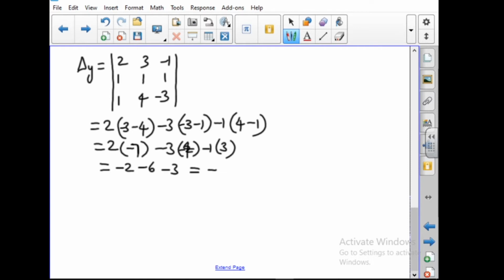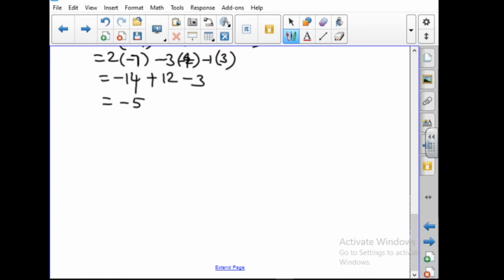Okay. So it is minus 14 plus 12 minus 3. So your answer will become minus 17 plus 12, minus 5. So delta y is minus 5.